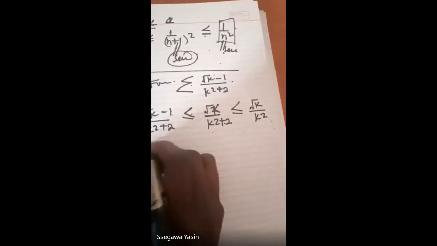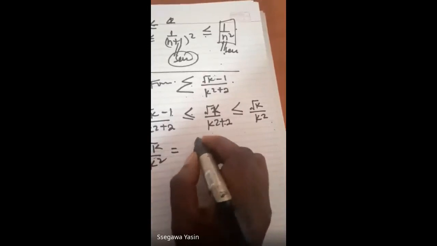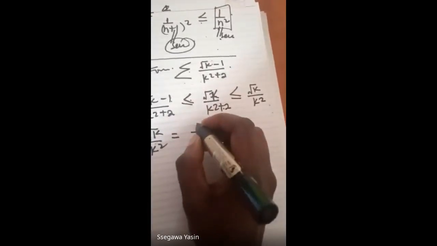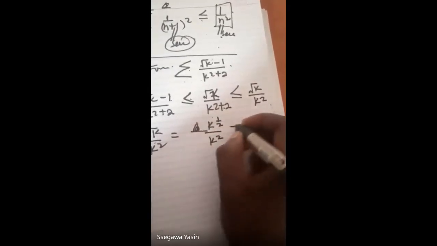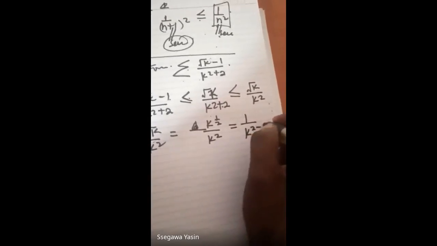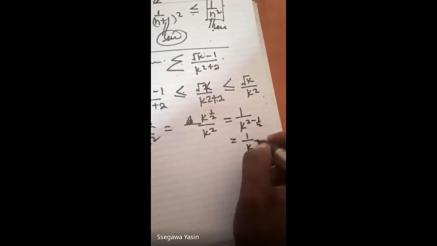So root of k over k squared can be found as 1 over k to the power half over k to the power 2, which is the same as 1 over k to the power 2 minus a half. And here we get 1 over k to the power 3 over 2.